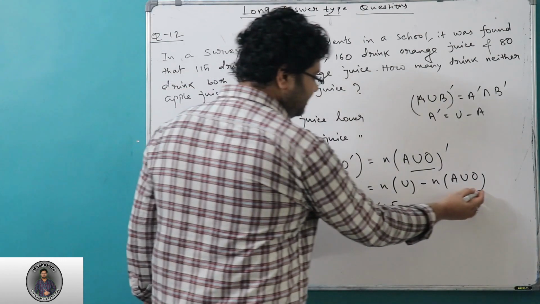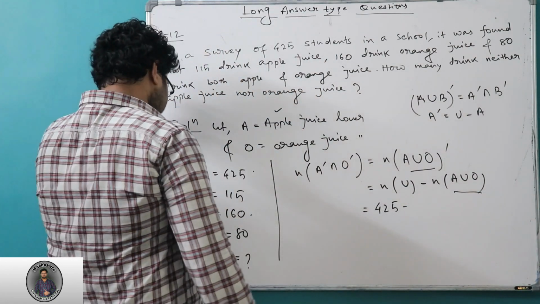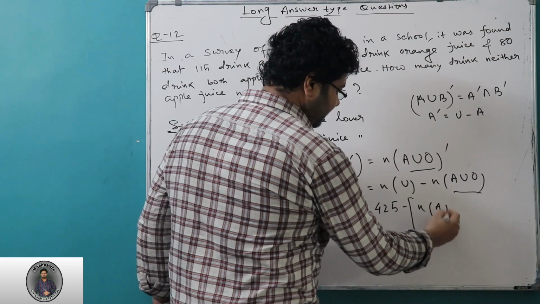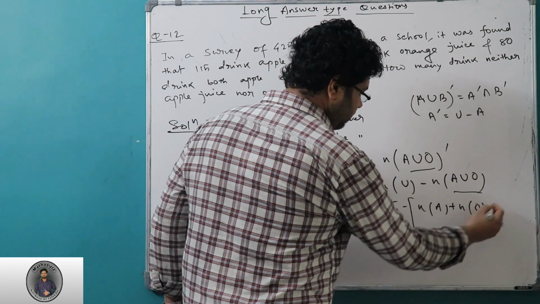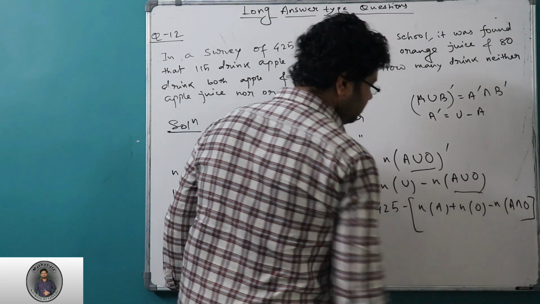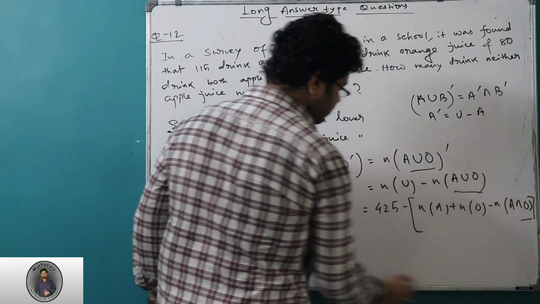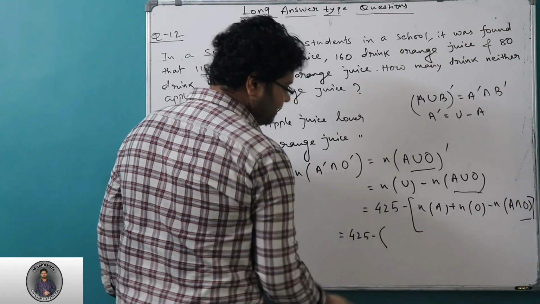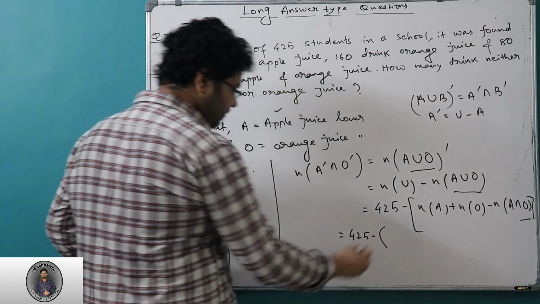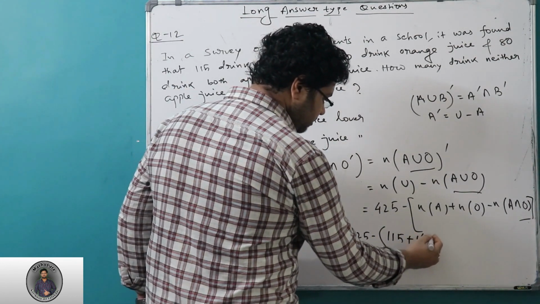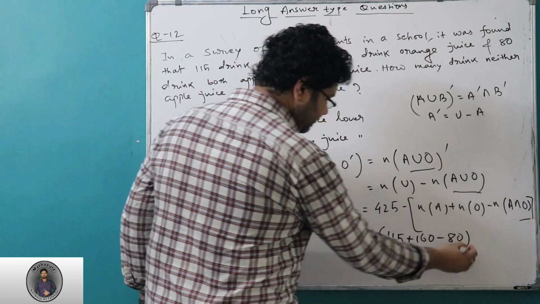Minus, and this we can find by the addition theorem, that is n of A plus n of O minus n of A intersection O. And if we put in the values, 425 minus, n of A is 115 here, plus 160 minus 80.